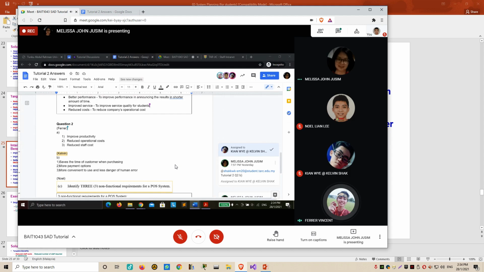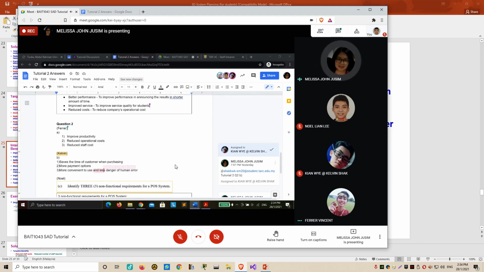So the benefits for using the system is to improve the productivity of the employee to use the new POS system, right? I think you can combine number 1 and number 3.